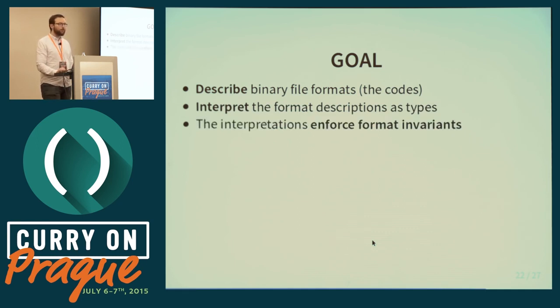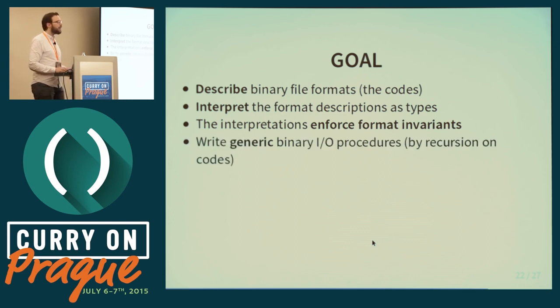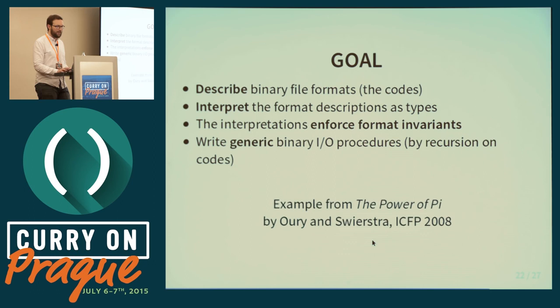And we're doing this in such a way that invariants in the binary file format are expressible in the universe. We can then write generic binary I/O procedures. So if I have a description of a file format and a file in that format, I can read that in without having to rewrite the file reading code for every single format, and the same for the output code. And we do this by pattern matching on the codes, just like you saw for the SQL example.